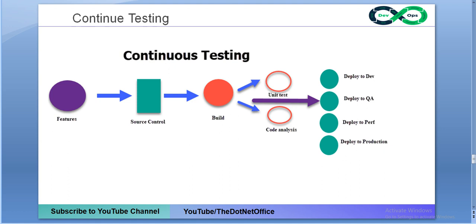As we know, testing is a very important part, and it is the main step for every application. This is a stage where developed software is continuously tested for bugs. In continuous testing, automation testing tools like Selenium, TestNG, and JUnit are used.